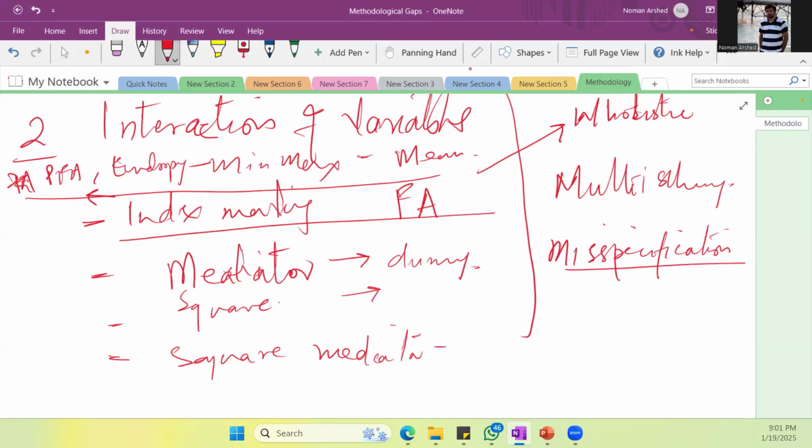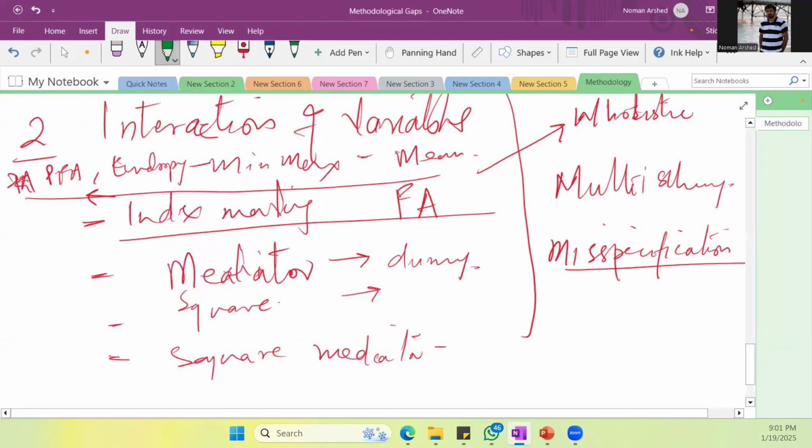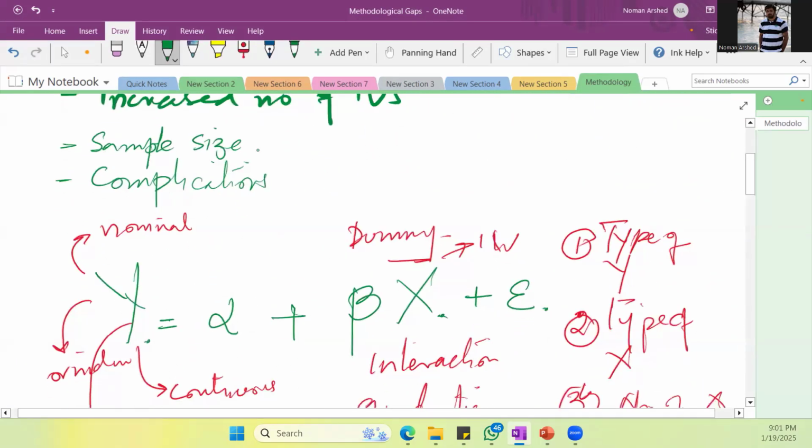Okay, so I will give you the answer. There are two types of non-linearity. First is non-linearity in terms of variables. Second is non-linearity in terms of coefficients. The assumption of linearity that Gujarati talks about is linearity in terms of coefficients.